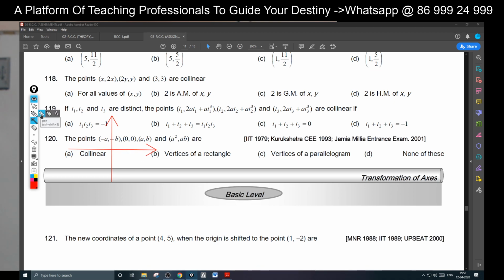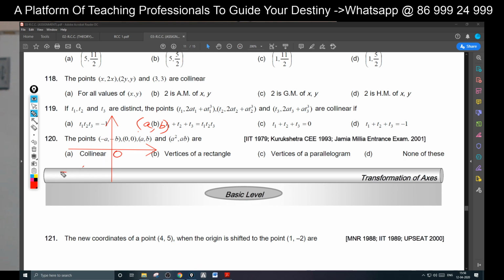This is the horizon here. And let me take (a, b) somewhere here, then (−a, −b) will be here.